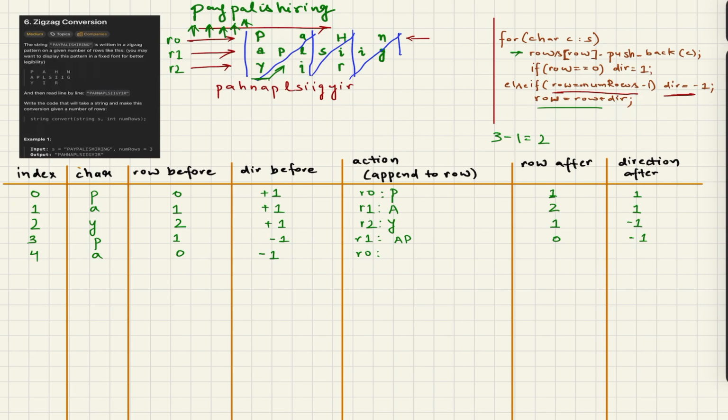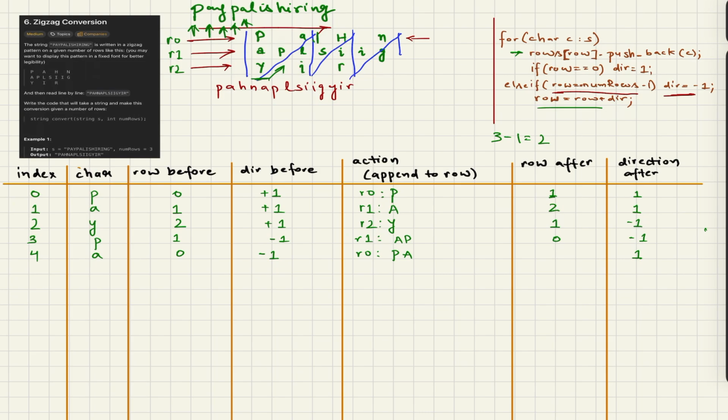I had P and I'm going to append A to it. Now what is my row after this? Is my row equal to 0? Yes, it is. That means my direction changes to 1 again.